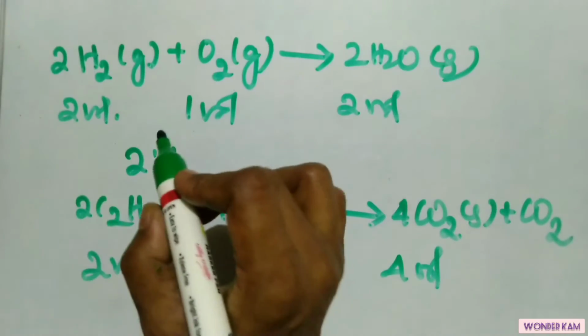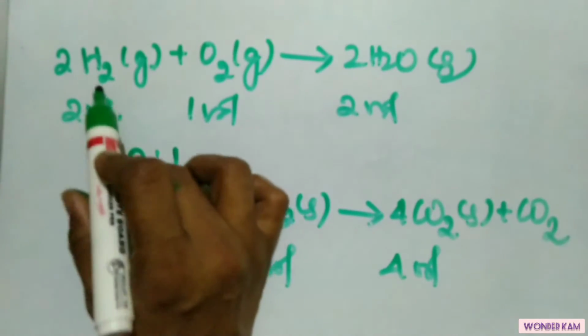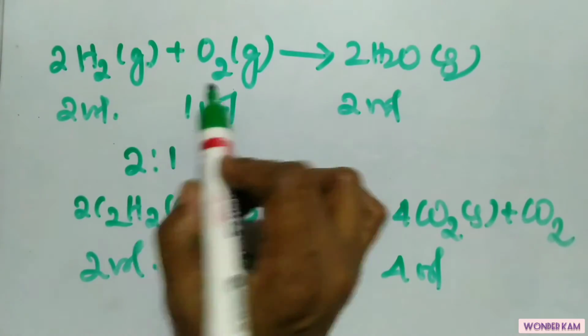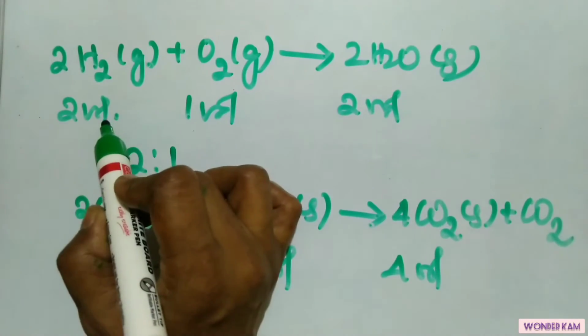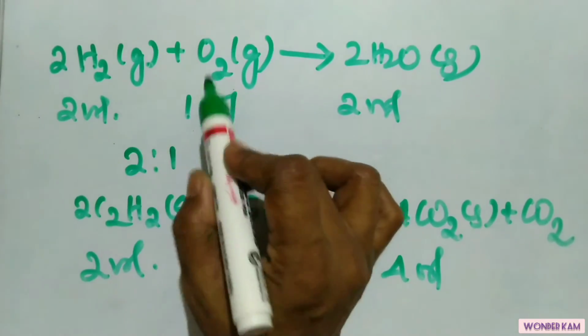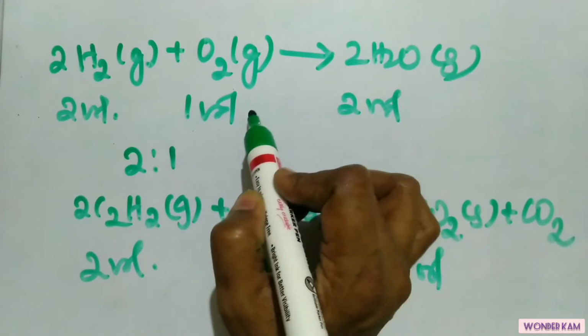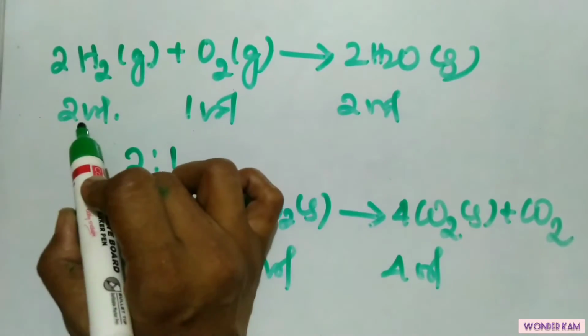And if we go for Avogadro's hypothesis, 2 volumes of hydrogen will react with 1 volume of oxygen. That means 2 volumes will occupy 2 into 22.4 liters, whereas the oxygen will occupy 22.4 liters, because this is 1 mole and this is 2 moles.